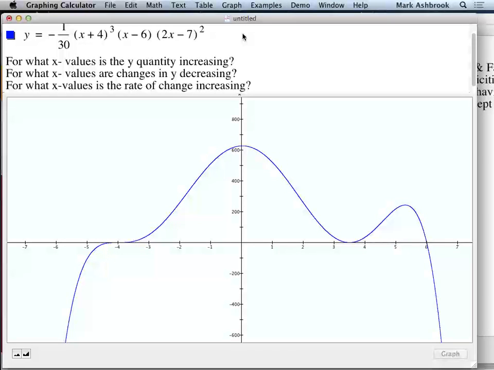You're just estimating, just by looking at the graph. For what x values is the y quantity increasing? For what x values are changes in y decreasing? Changes in y. Okay, so this is for small equal changes in x. And then for what x values is the rate of change increasing? Go, discuss.